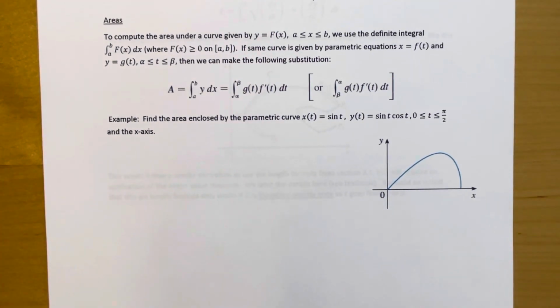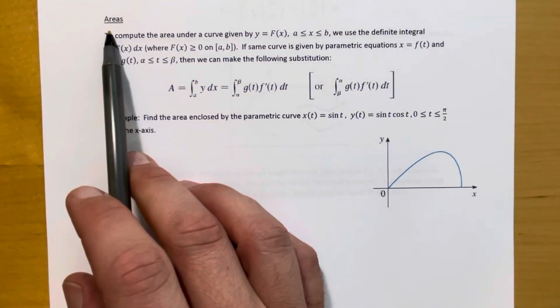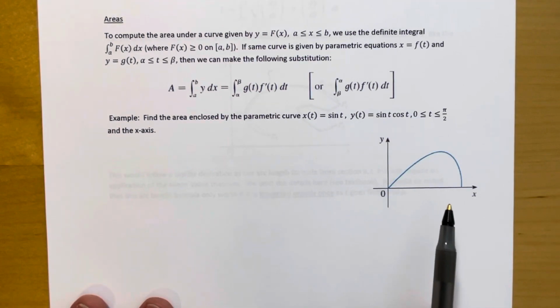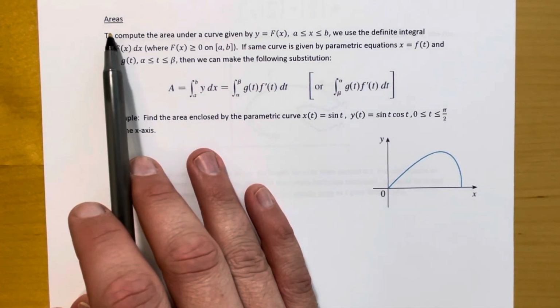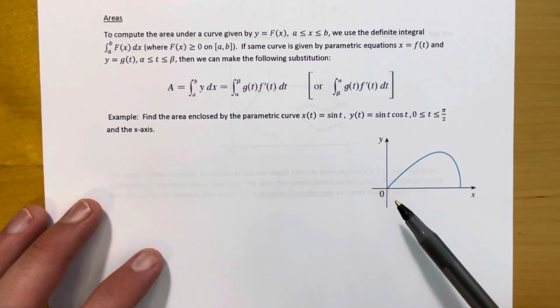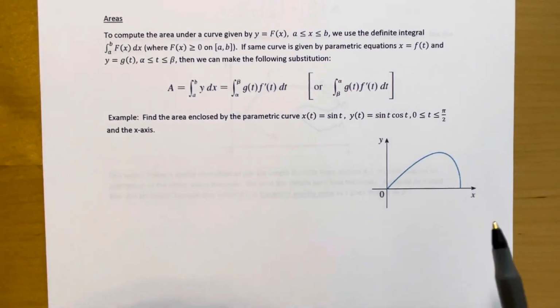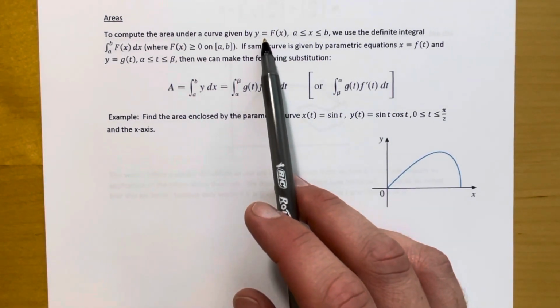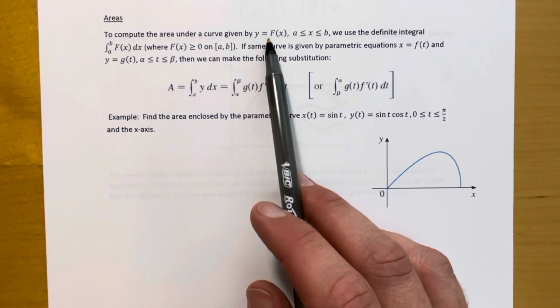Our next area, no pun intended, of study here is the actual topic of areas. When you introduce definite integrals at the end of Calculus 1, you talk about them in the setting of areas under a curve. So for this, what we're going to do is assume that we have some curve. Temporarily, let's assume that the curve can be written in the form y equals F of x.